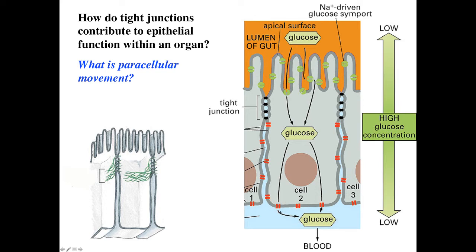What does paracellular movement mean? Paracellular movement means movement of material between cells through a tight junction. Normally, you have very little paracellular transport between these tight junctions because of Claudin seals that prevent movement through them.